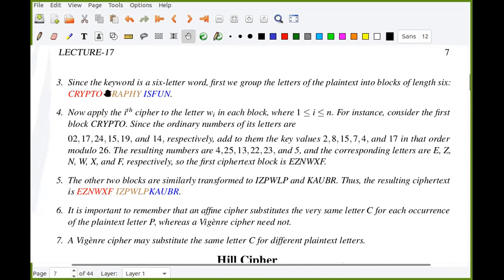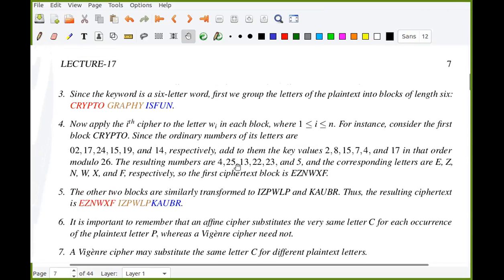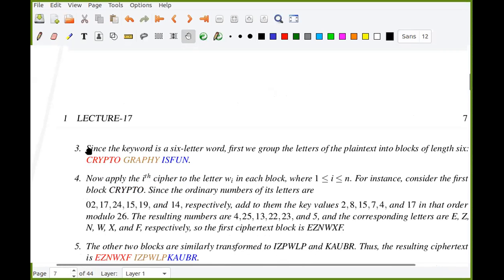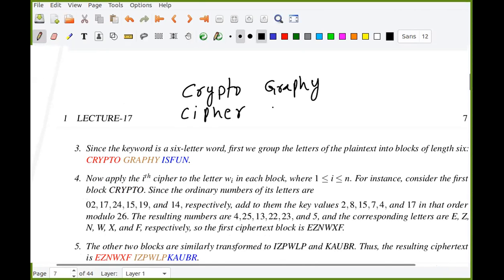Similarly, now I'll take graphy. Again, I put cipher below. So crypto, below I'll put cipher. Again graphy, again cipher.